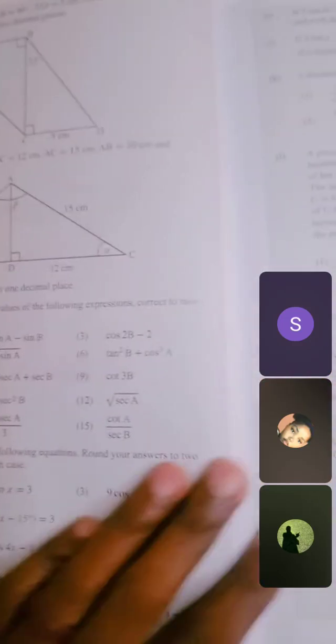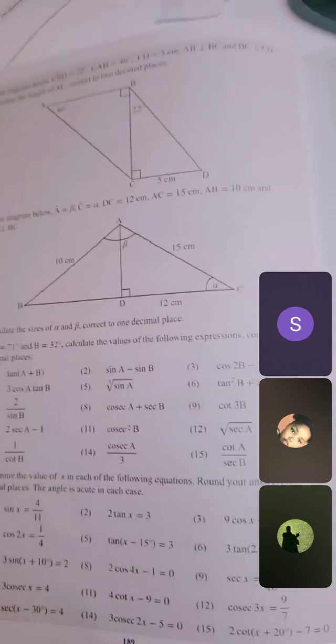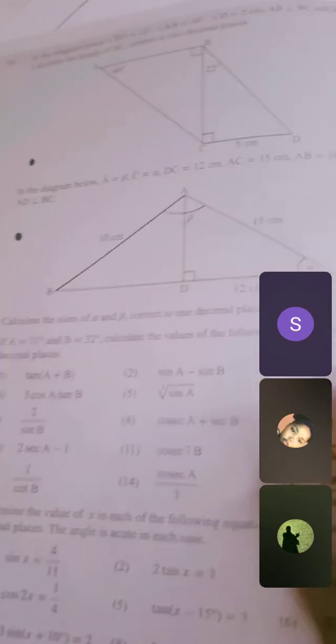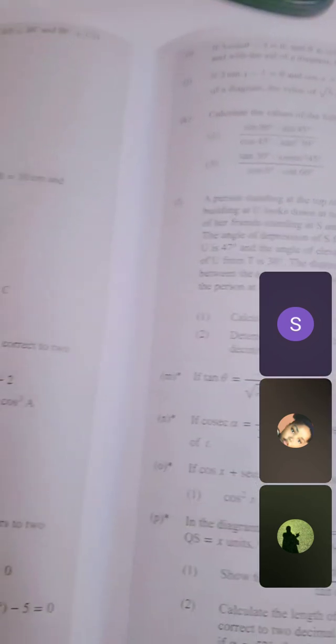Yeah, no, it must go, guys. There's this one question I wanted to do here, a few questions I wanted to do here. There's this person who's standing.